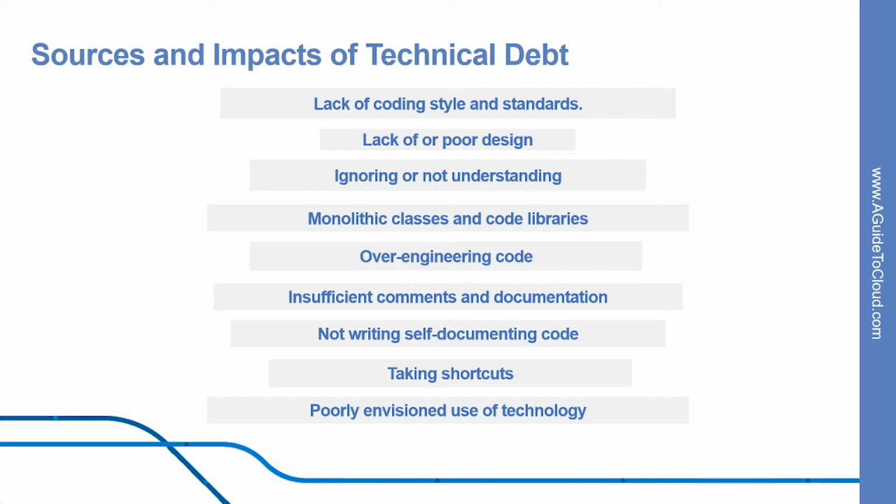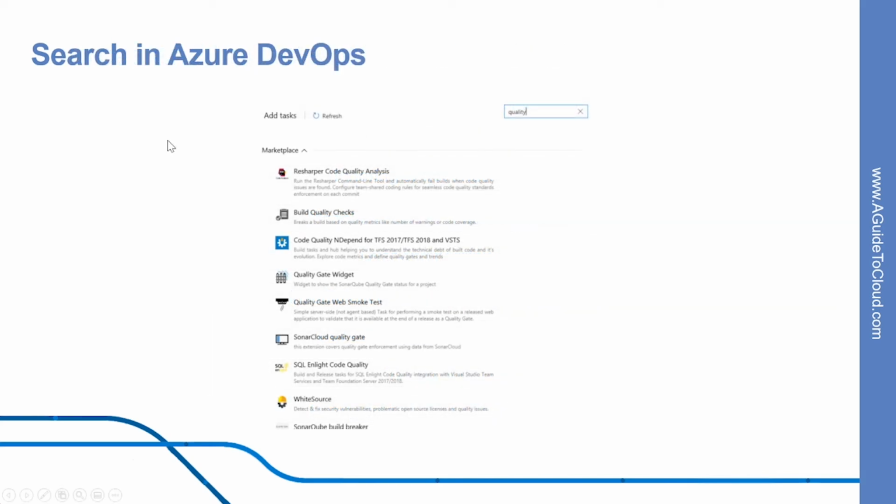Please note that over time, technical debt must be paid back. Otherwise, the team's ability to fix issues and to implement new features and enhancements will take longer and longer and eventually become cost prohibitive. To find other code quality tools that are easy to integrate with Azure DevOps, search for the word quality when adding a task into your build pipeline.